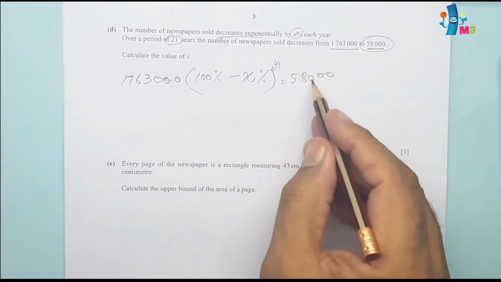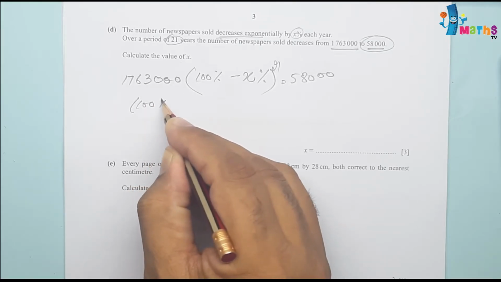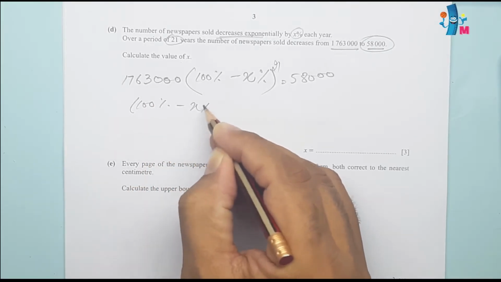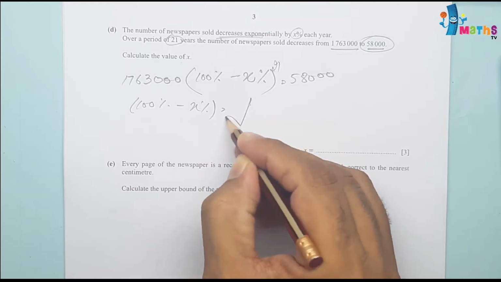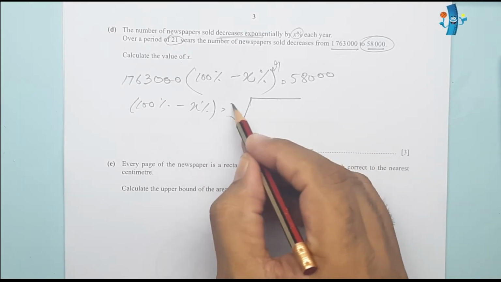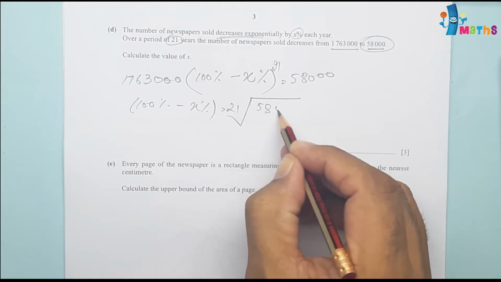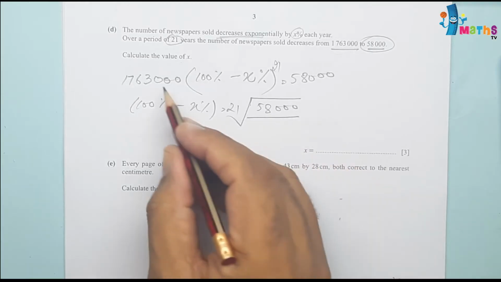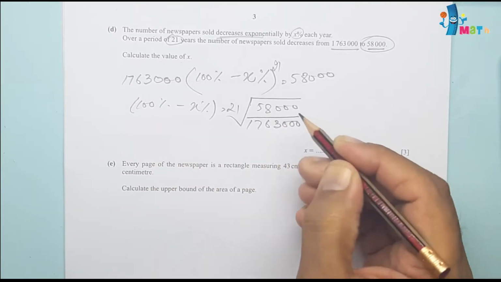This is the exponential formula we have written. So 100% minus X% will be equal to the 21st root of 58000 divided by 1763000.